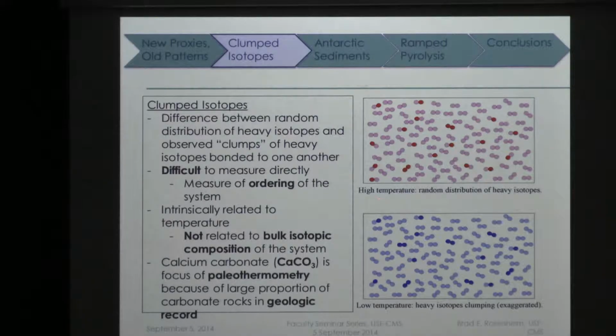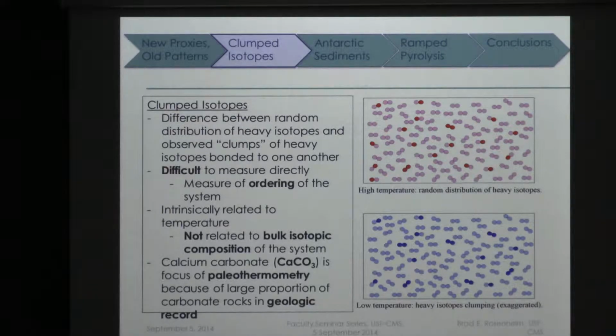What you can see here is that if you know the bulk composition of how many of these, generally the heavy ones are the rare isotopes in stable isotope systems, if you know how much in an entire system, how many of these are heavy, you can use thermodynamics to come up with statistics on how many of these will bond together. And in this case, we showed two heavy, rare isotopes bonded together, and we call this a clump of isotopes. It's two heavies bonded together.